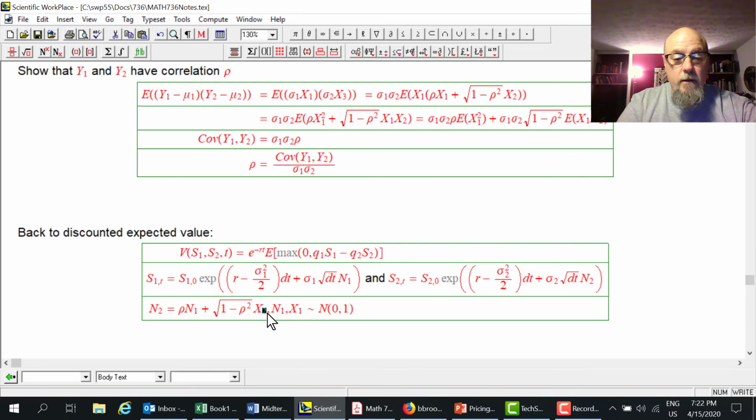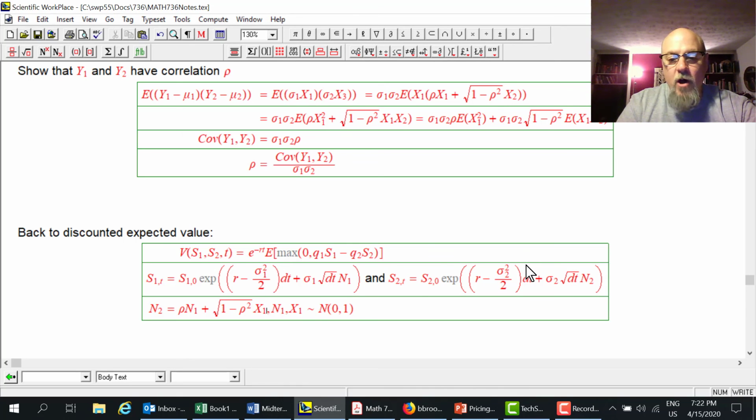By making X1 also standard normal, and making our N2 this weighted average, with our target correlation, of our two standard normal distributions, N1 and X1. So I'm plugging that in for N2.